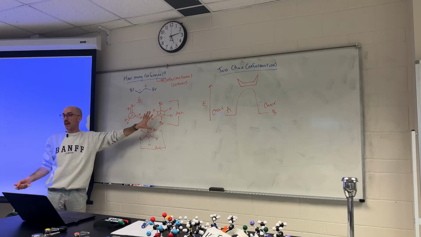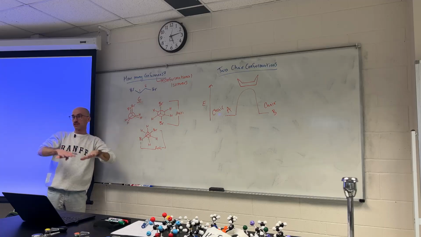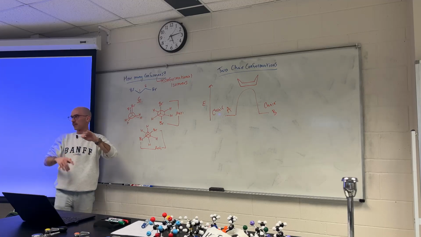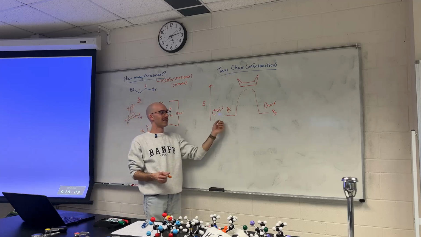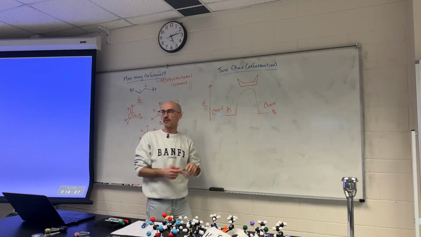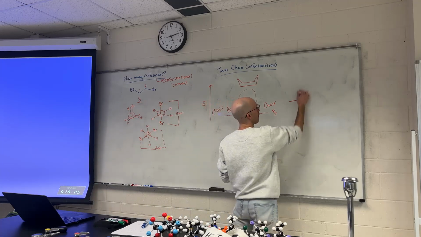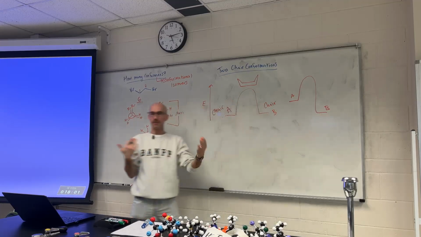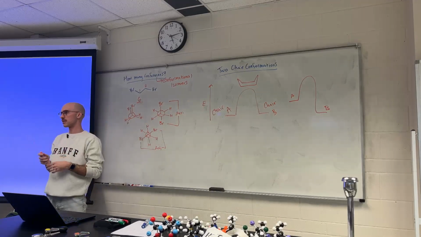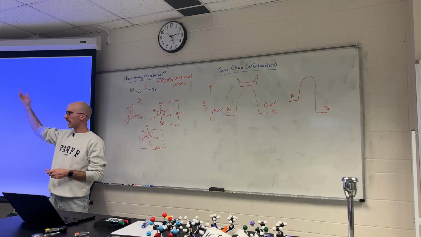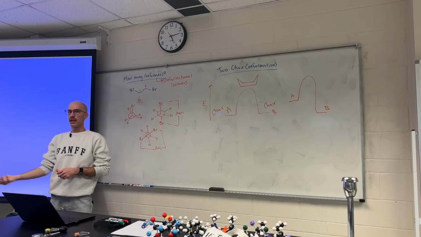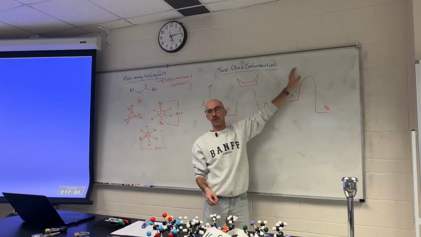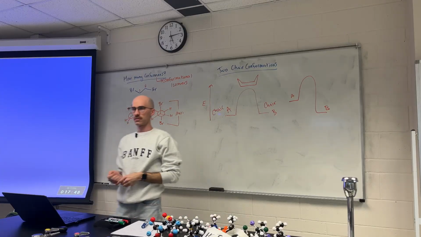No, we had some that were staggered, so on the lower half, but higher than one another or lower than one another. And that's true for chairs as well. Sometimes chairs are of equal energy to each other, and many times chairs are of different energies from each other. We can have a high energy chair conformation and a low energy chair related to each other through a boat, but we're going to focus just on these chairs.